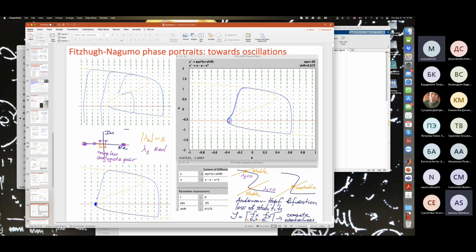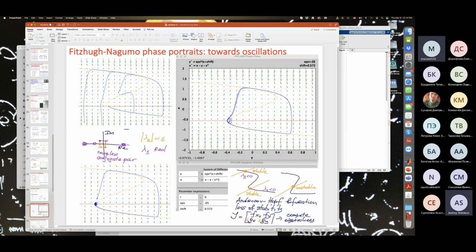You have this function, and you compute the Jacobian of the first equation in x and y. Epsilon is here, but it doesn't really matter. You compute this Jacobian, and then you compute the eigenvalues.